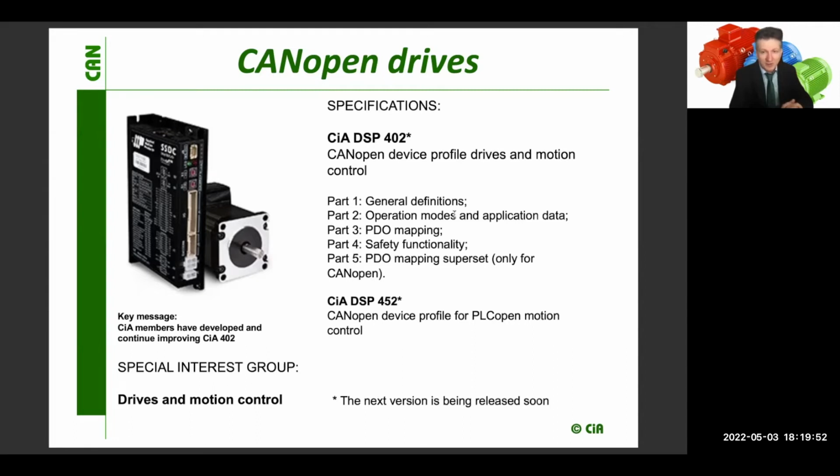The working group, the special interest group which maintains these specifications, the drive and motion control group, decided as CAN Automation members that we do not need any such superset for other CAN-based technologies. That is sufficient for CANopen and shall stay in there.